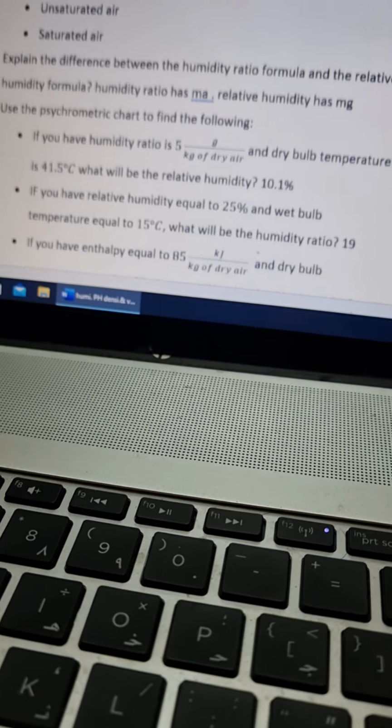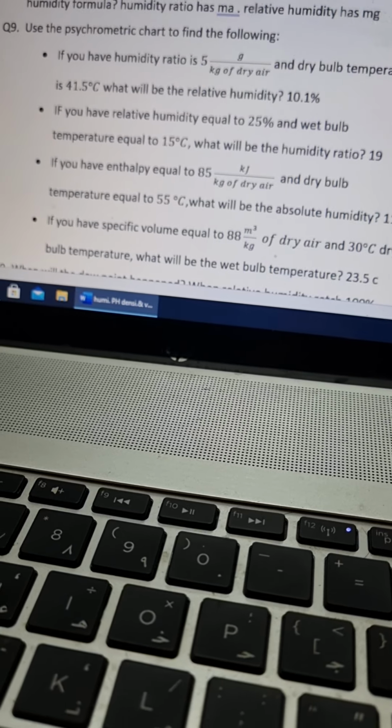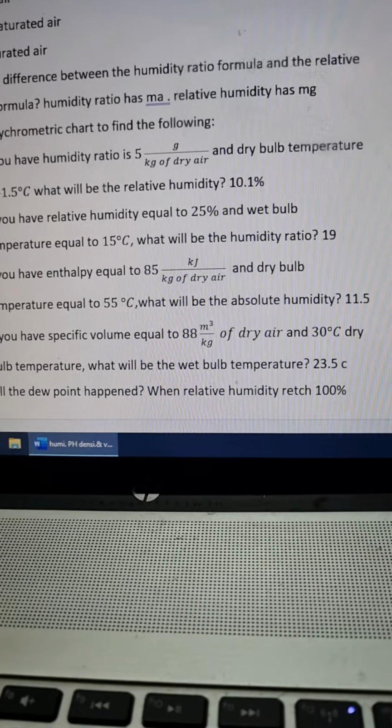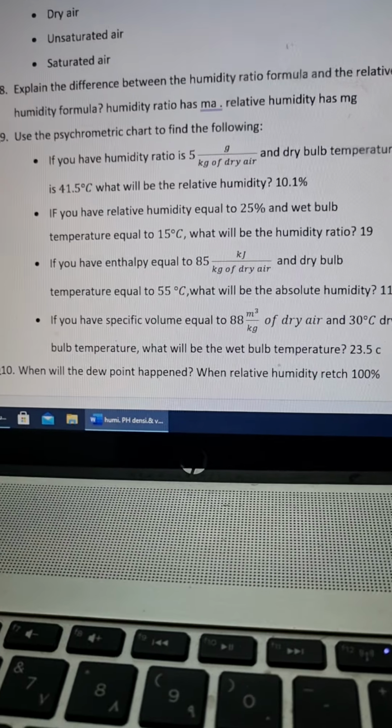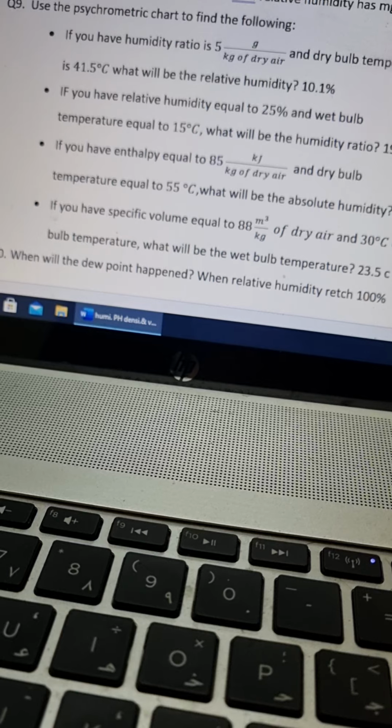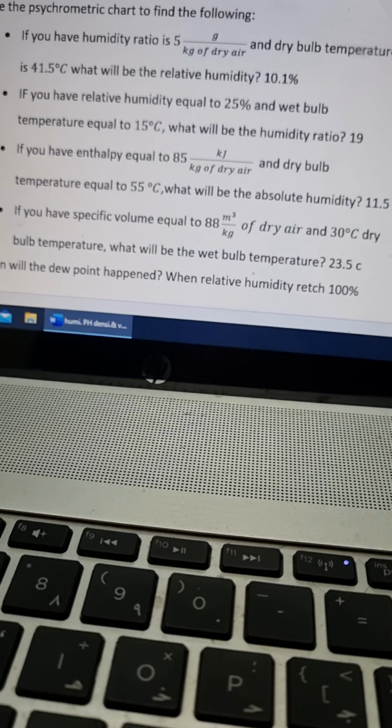Okay, use the psychrometric chart for the following. First one is 10.1, 10.2%, and the second one is 19.